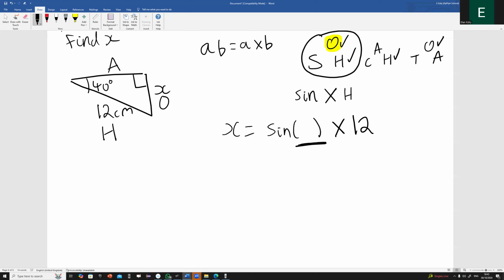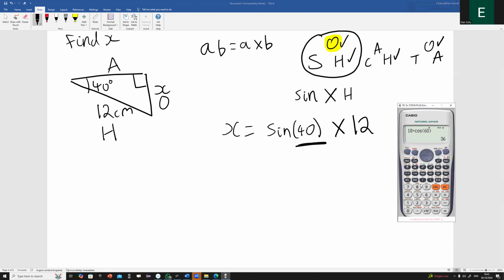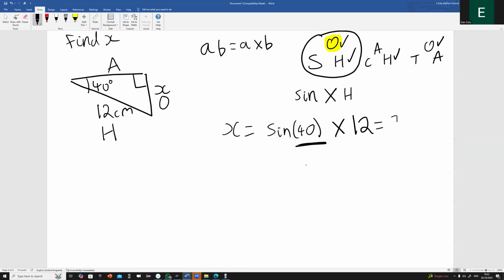The 40, right? The angle goes in the brackets when you're finding a side. So now I can type that in. So I have sine 40, you must have the open and close brackets, times 12, and that is 7.71 centimeters.